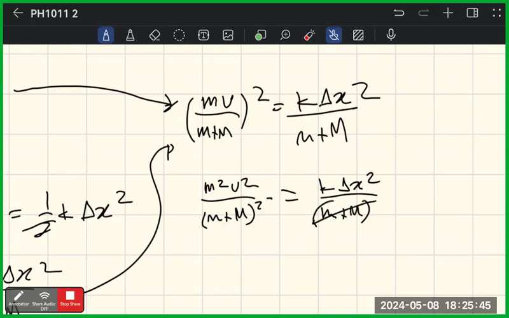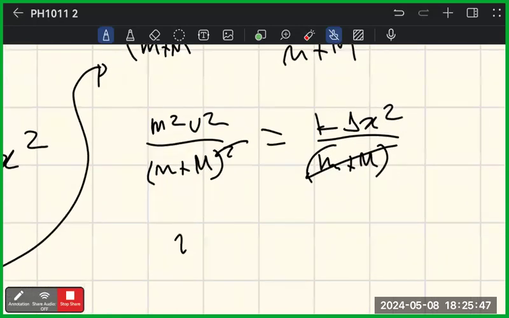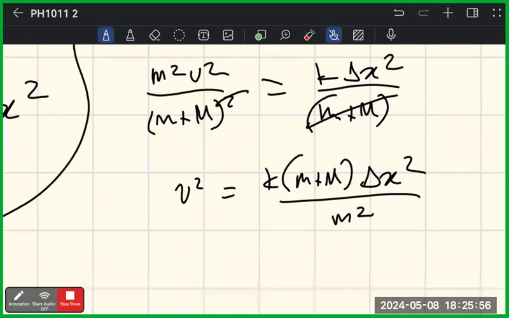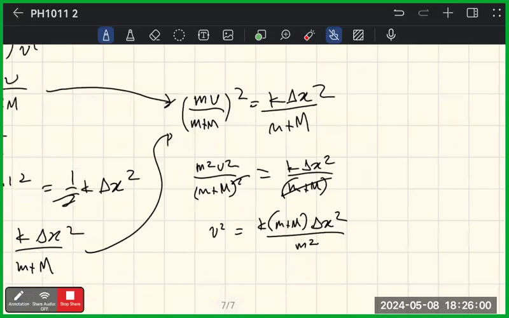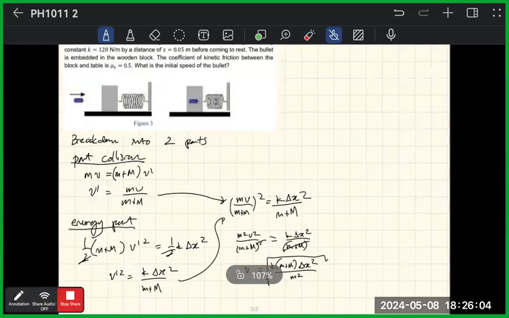We cancel this out. So v squared equals k times (m plus M) delta x squared over m squared. So you get the initial velocity by square rooting and plugging in the information.